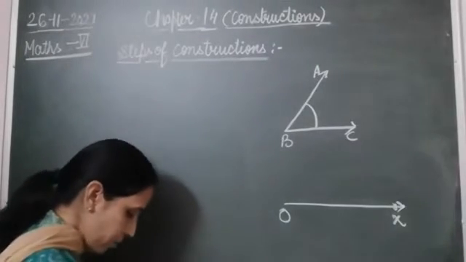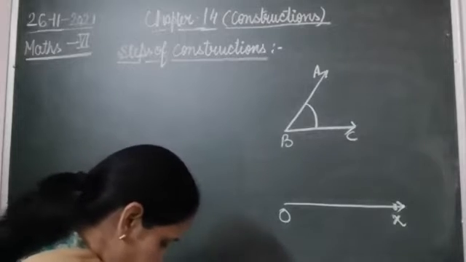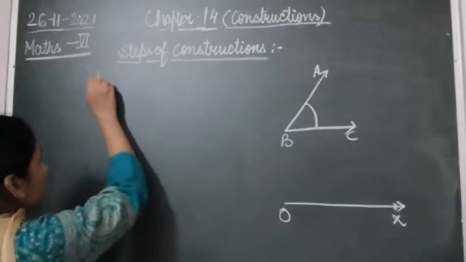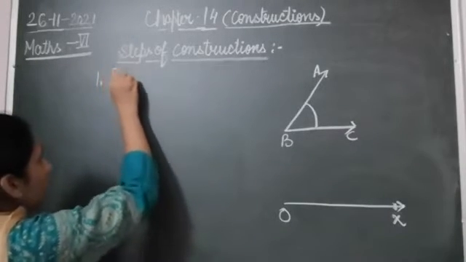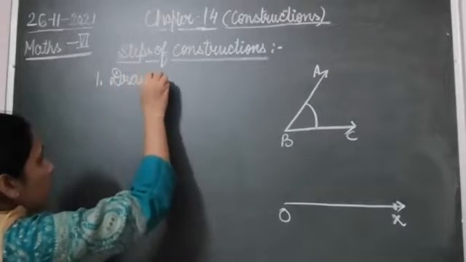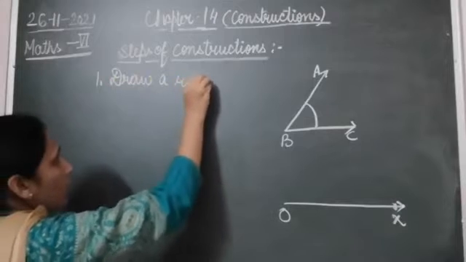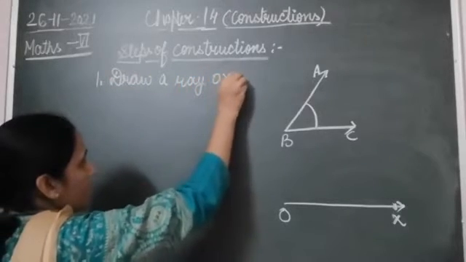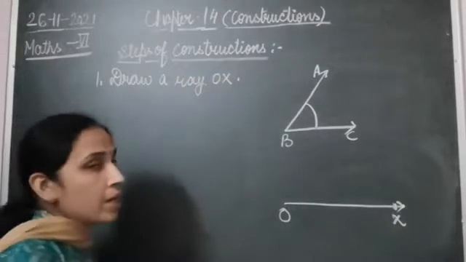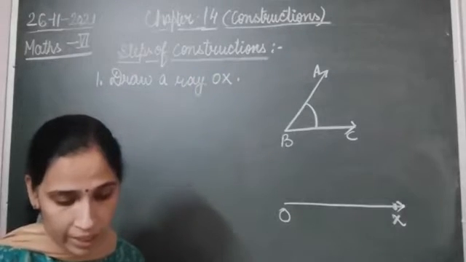So that we are going to add in the steps of construction. You have been given an angle ABC. Draw a ray OX.